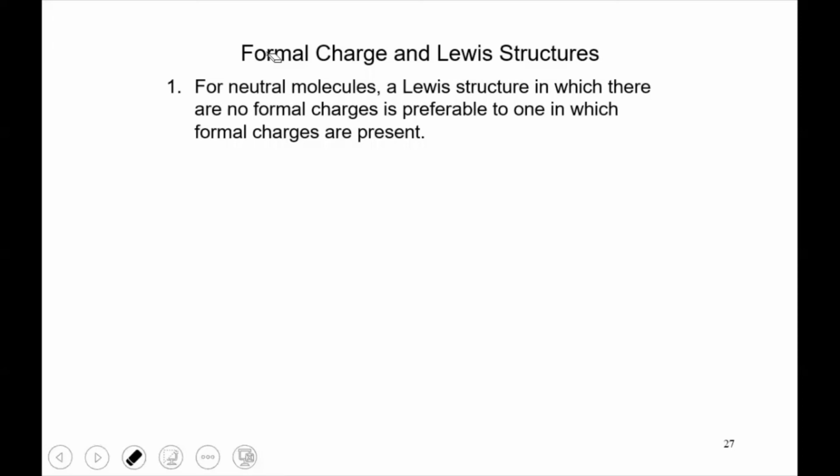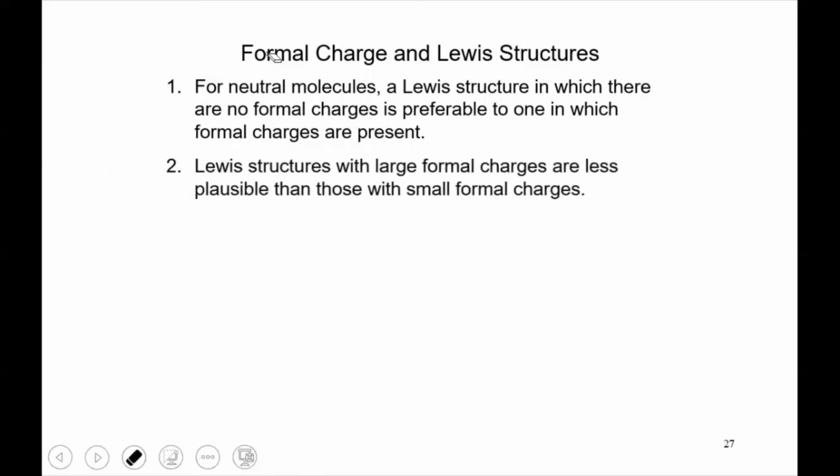Now, let's say that we do have to have formal charges. There's no alternatives with no formal charges. In that case, the structure with large formal charges is less plausible than one with small formal charges. So if one structure has a formal charge of +2 in one atom, -2 in another atom, and the other candidate has +1 and -1 respectively, the second structure is more likely to be correct because it has smaller formal charges.